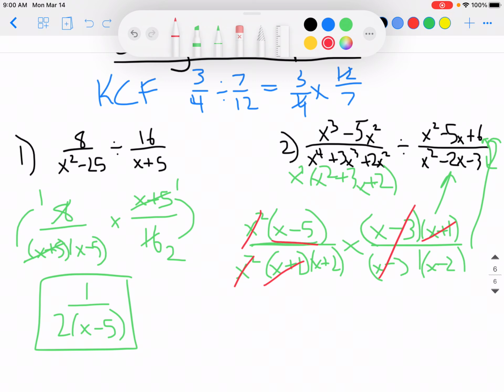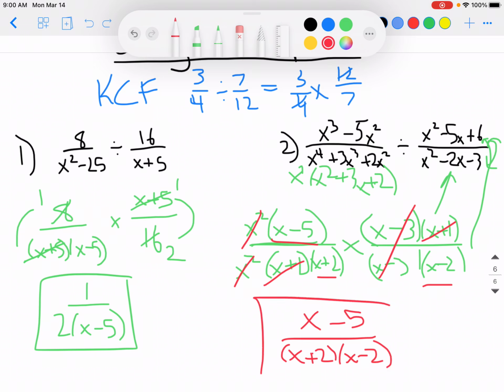What I'm left with is x minus 5, and then x plus 2 and x minus 2. So the final answer is x minus 5 over x plus 2, x minus 2. Box that, walk away. And that's it.